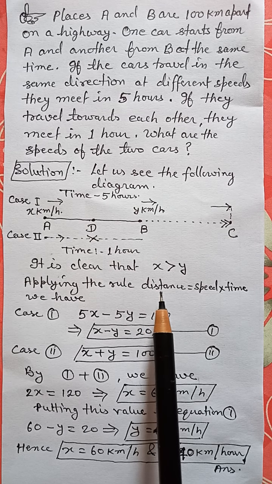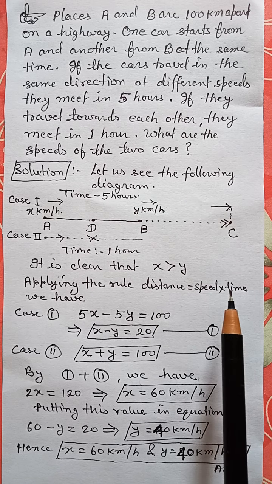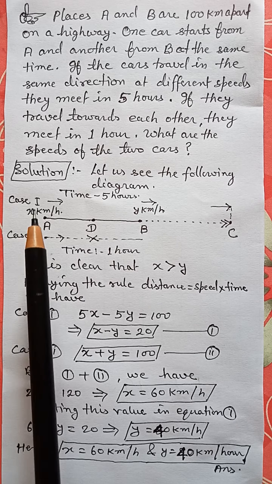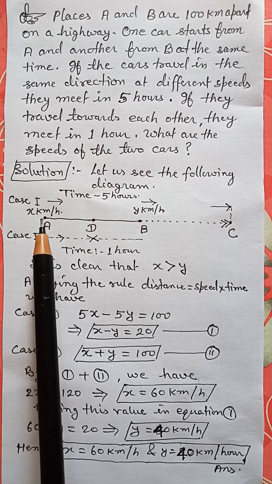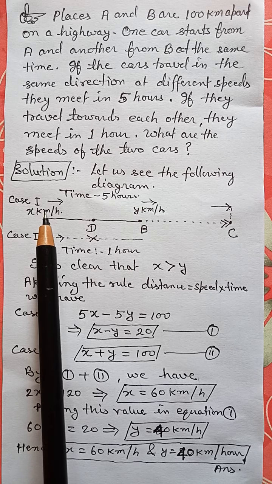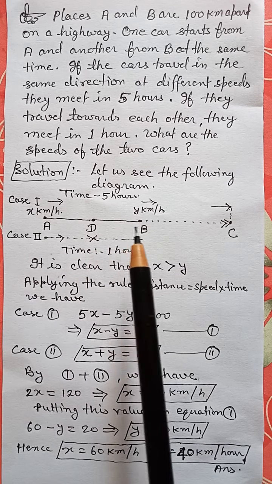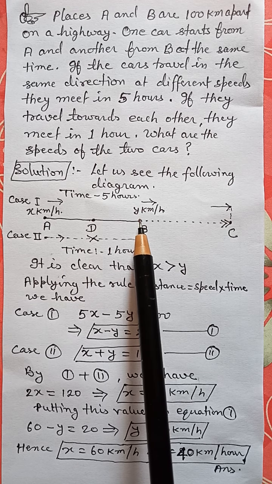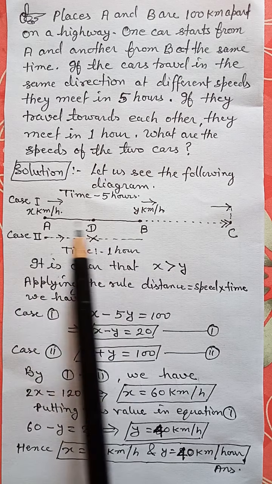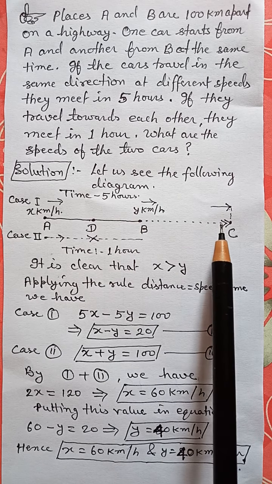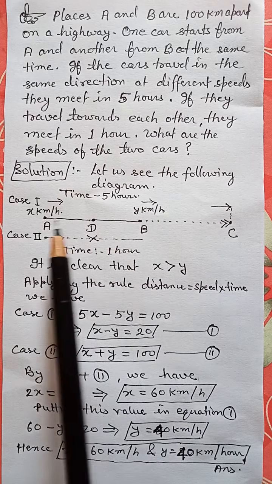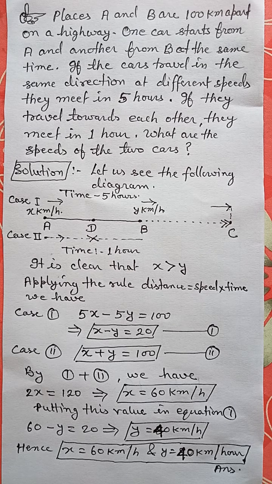Applying the rule, distance is equal to speed multiplied by time, we have in the first case the distance travelled by the car at A after 5 hours is equal to x multiplied by 5, that is 5x, minus the distance travelled by the car at B, which is 5y, and this distance minus this distance is going to be 100 km because the distance between A and B is 100 km.